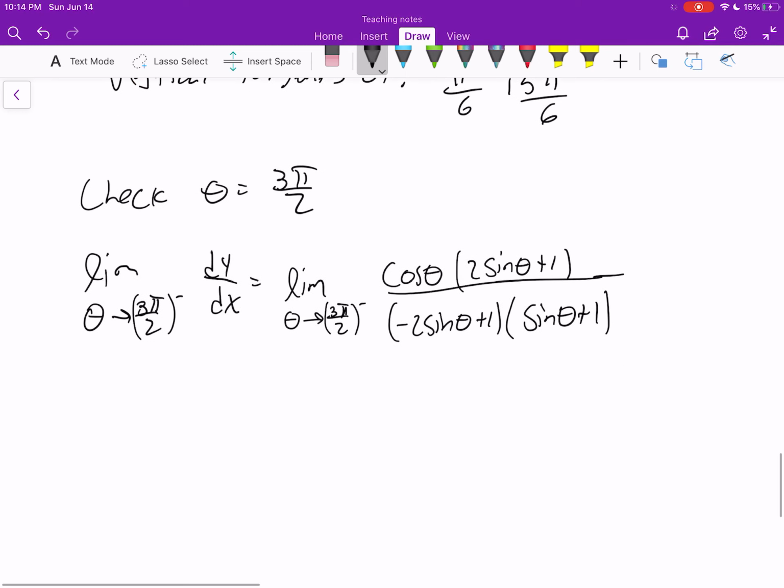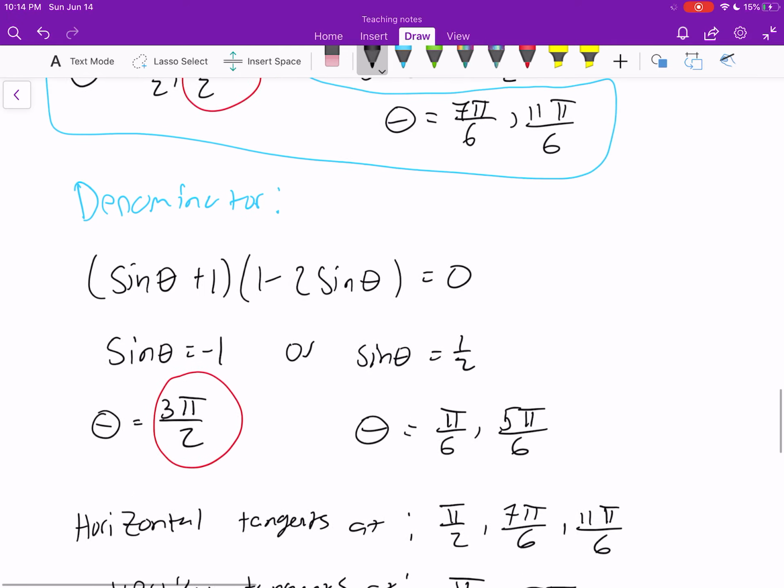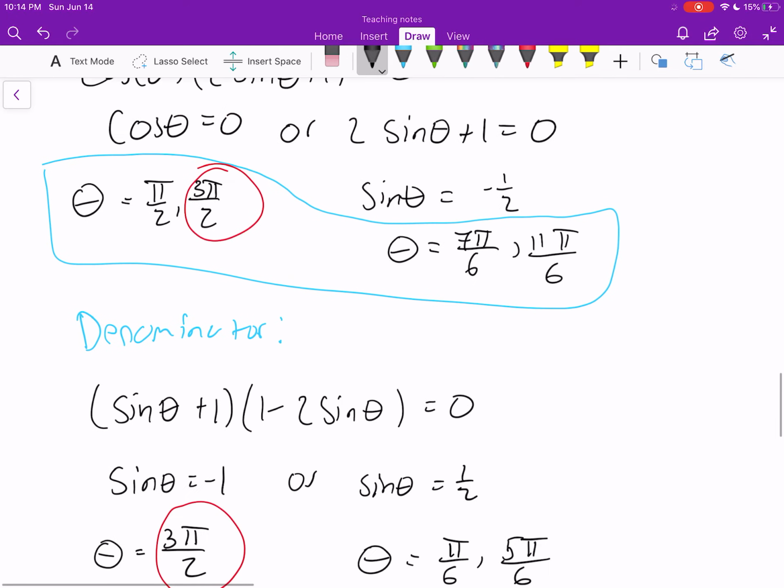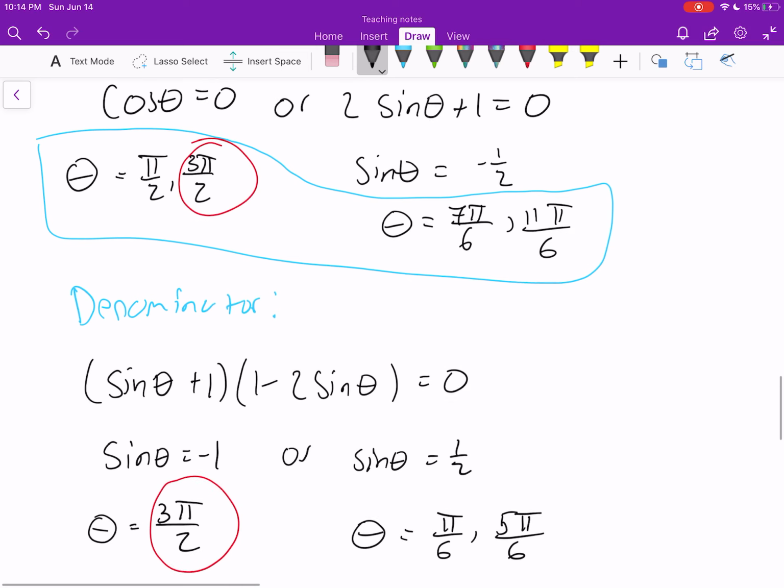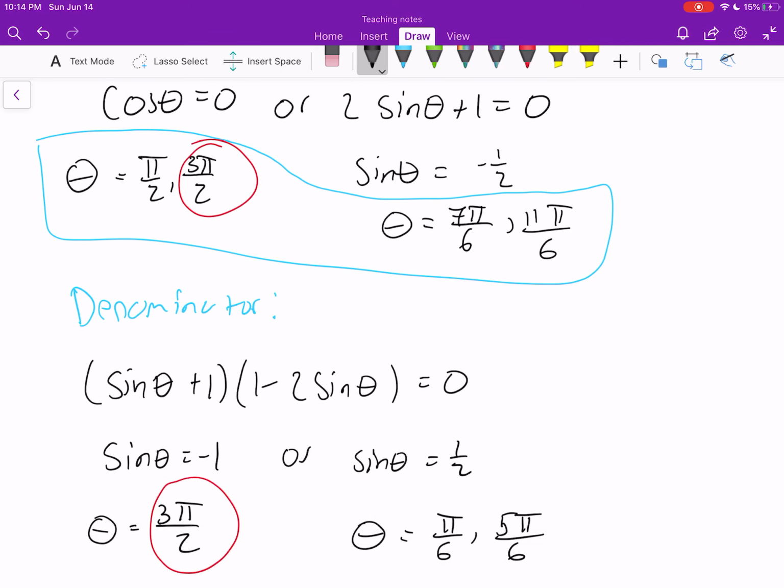Now we're going to use the fact that, if I look at which of the functions are going to 0 there, it's the cosine theta and the sine theta plus 1.